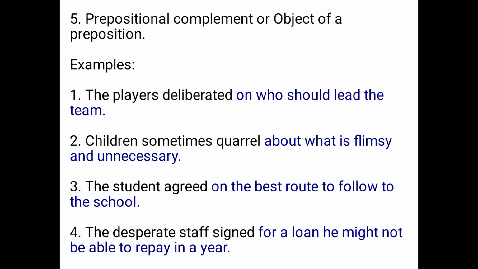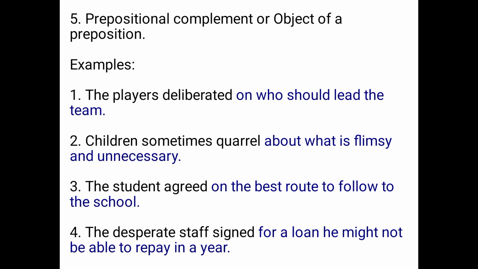You have: children sometimes quarrel about what is flimsy and unnecessary. About what is flimsy and unnecessary. You see that the noun clause, what is flimsy and unnecessary, is following about. That shows it is object to the preposition. The student agreed on the best route to follow to school.